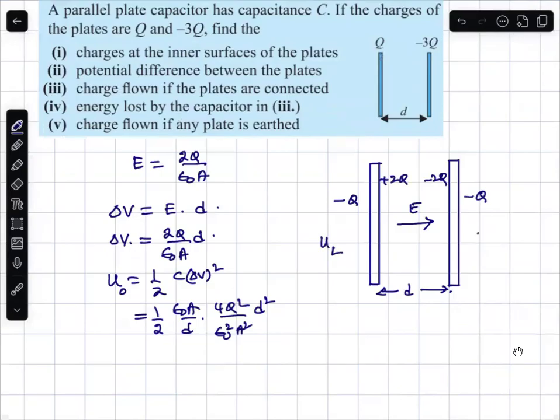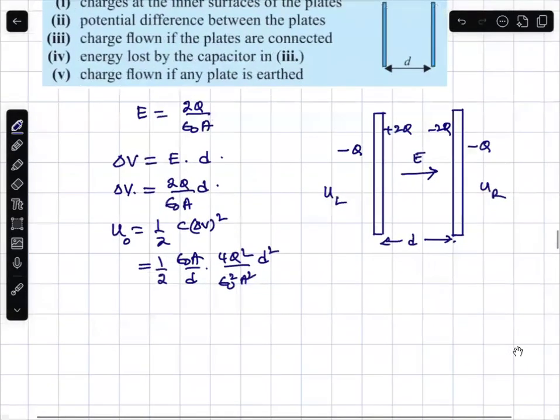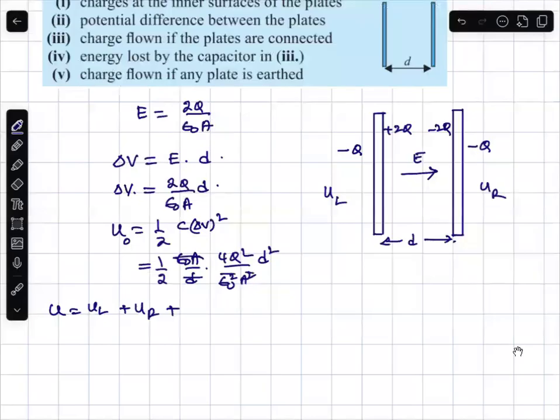U left, there may be some energy. U right, there may be some energy because there is a field due to those charge distributions. So the total energy U is UL plus UR plus this part, 2Q square by epsilon naught A into D. That's the energy at this point of time.